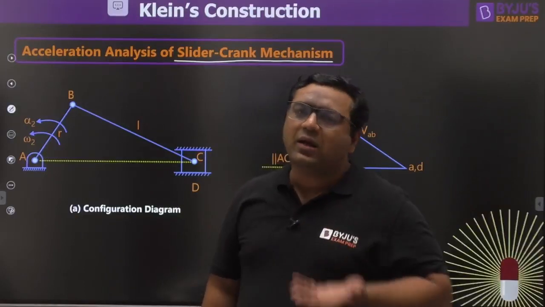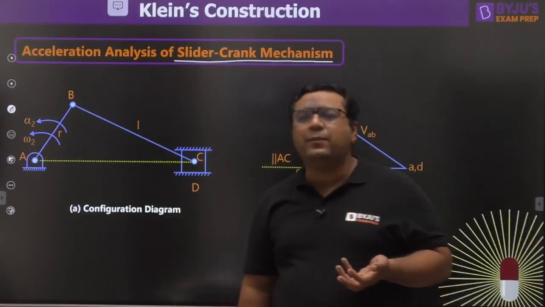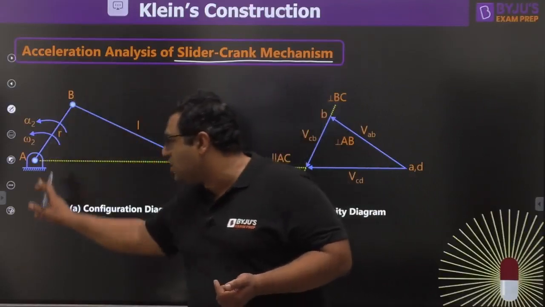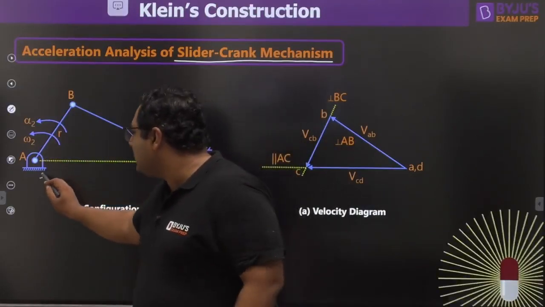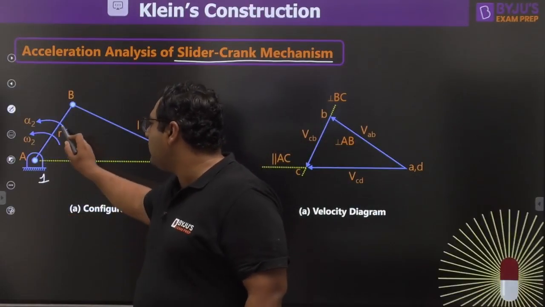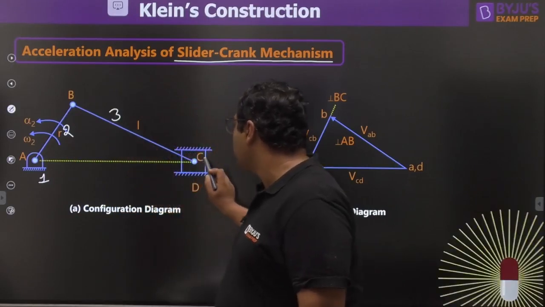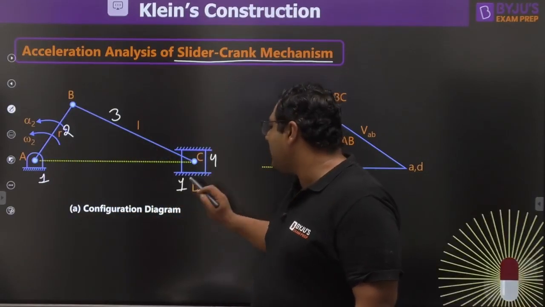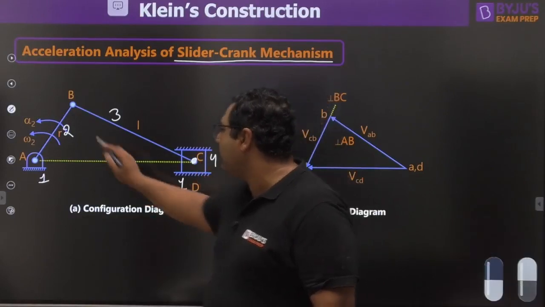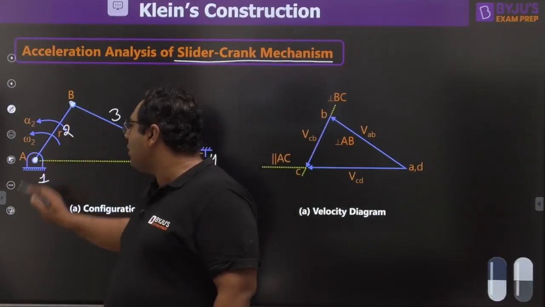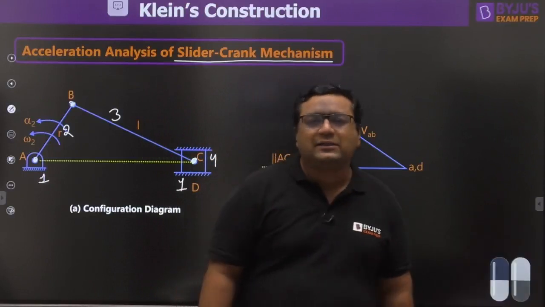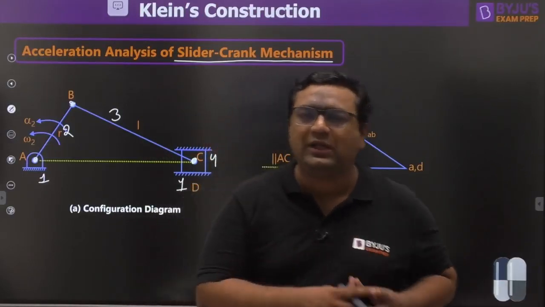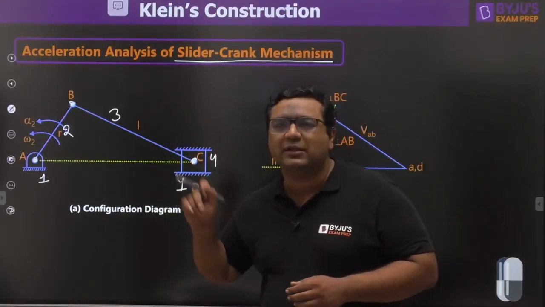When one turning pair is converted into a sliding pair, we get this type of configuration. Here we can say this is link number 1 fixed, link number 2, link number 3, and link number 4. So there are 4 links, links 1 and 4 have a sliding pair, and there are 3 turning pairs present. Klein construction talks about velocity and acceleration analysis of this mechanism.